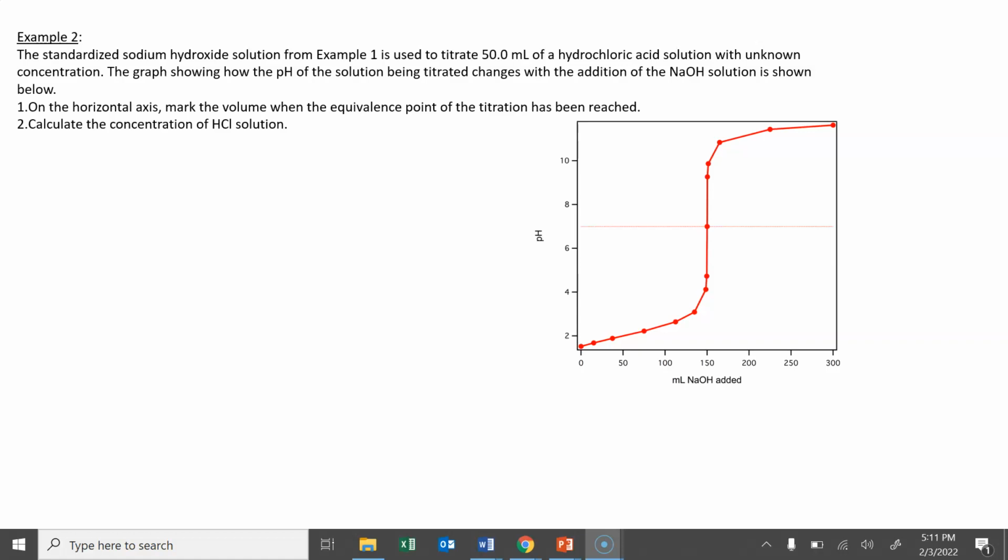So we're going to calculate the number of moles of NaOH, then use stoichiometry, which you'll have to know your balanced equation in order to get this done. It's sodium hydroxide reacting with hydrochloric acid, to find out how many moles of HCl we have, and then we can divide by the volume of HCl to find the molarity.